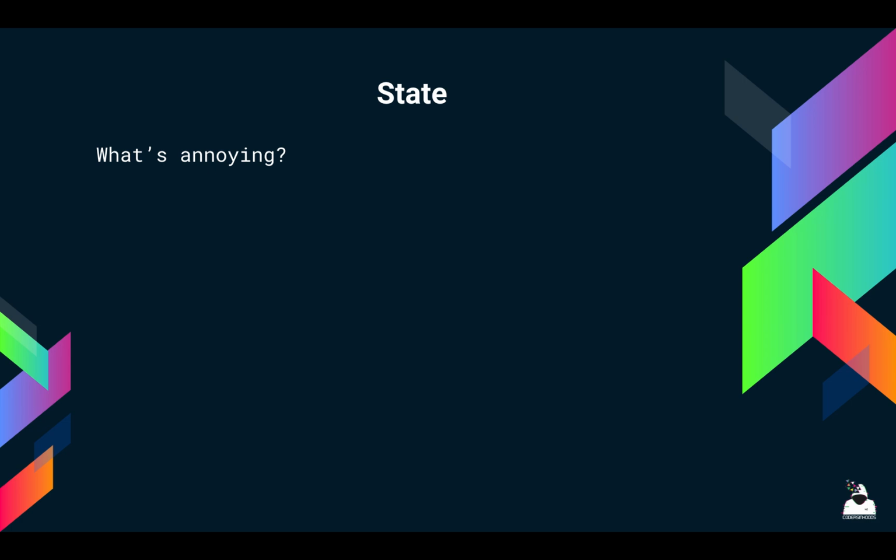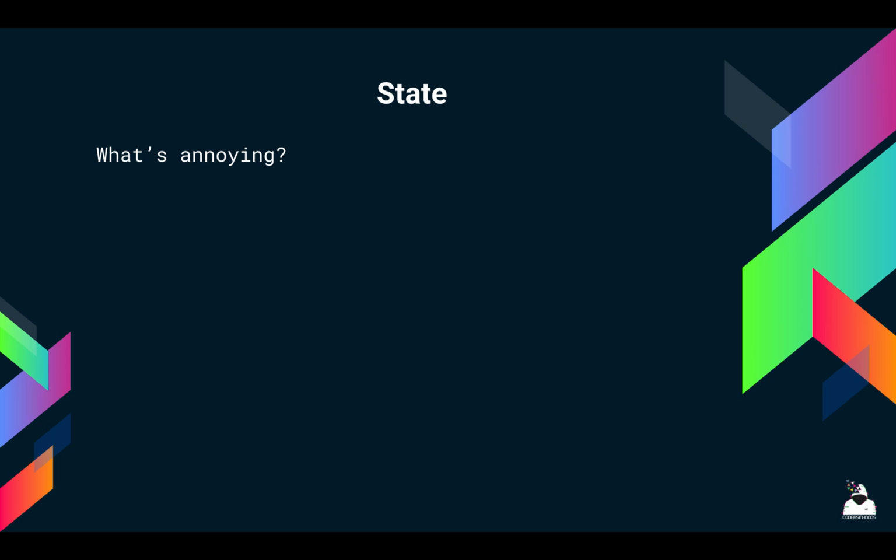So I want to know from you what is annoying. Just anything, ideally to do with React, but focusing on state and props, which is all of React, isn't it?